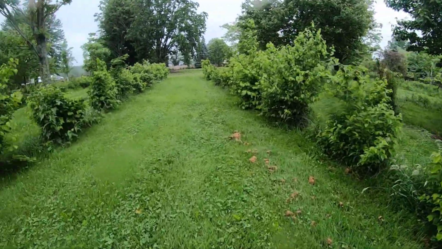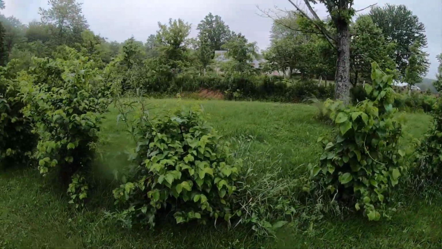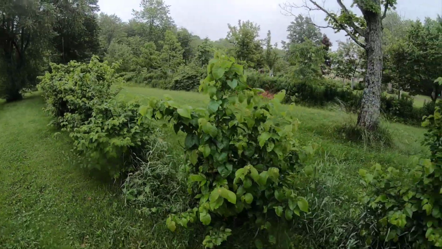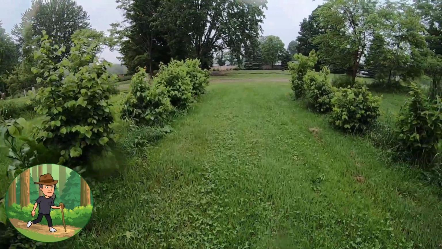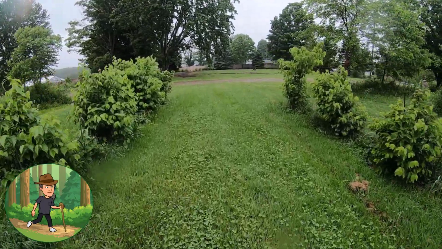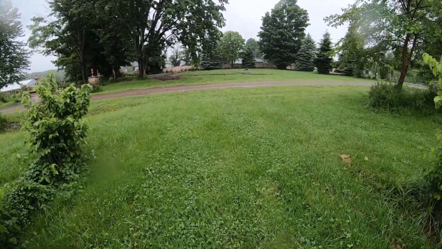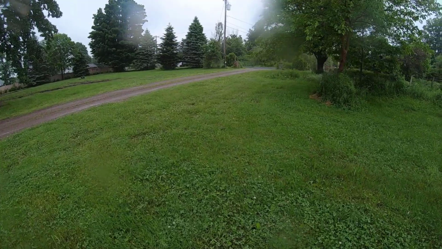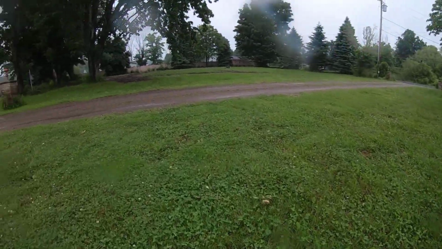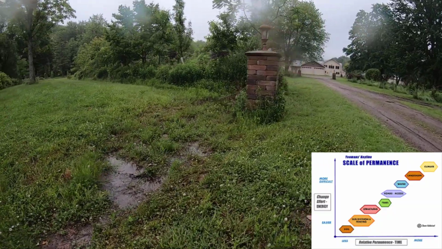So I hope this video is somewhat helpful as far as seeing how I'm looking at things, and I have made videos on our zones and how they are. And if you go back and look at my video on the keyline design, that's a real scale of permanence and how easily some things are changed.